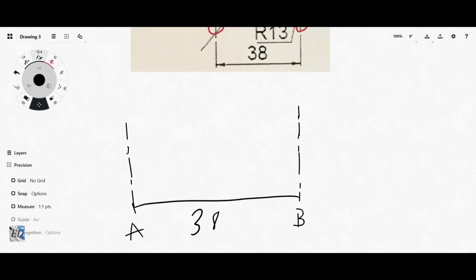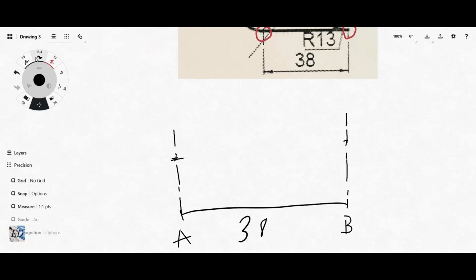So we come back to our center line and we measure at a distance of 13 millimeters. This will be our center point, and at a distance of 13 millimeters, this will be our center point here as well. With your compass, you pin 13 millimeters, and if you do your drawing well, it should be the same distance from here to here.